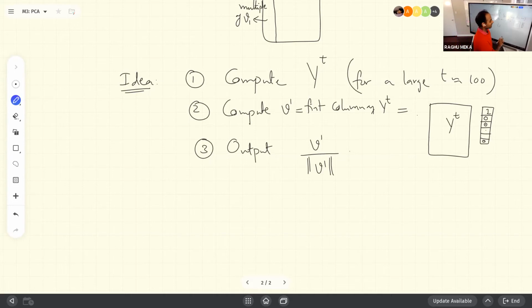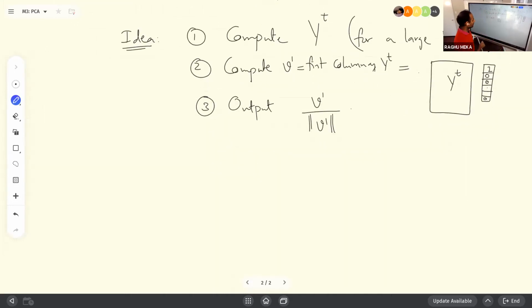Okay. So now what can you tell me? To compute y to the t times this vector, do I need to compute y to the 100 and store that matrix, or can I do something cleverer?